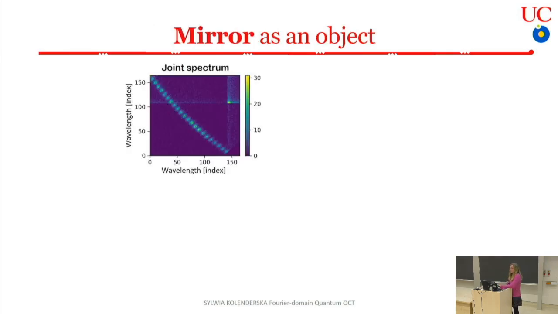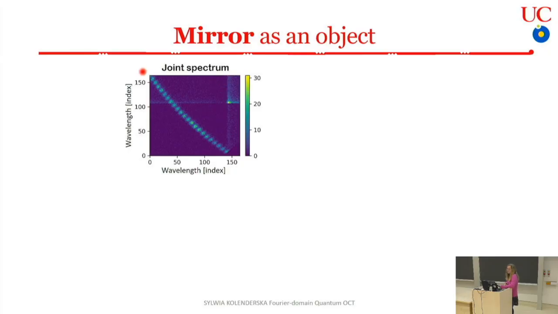Okay, so the experimental data, the detected raw joint spectrum, is far from perfection. First, we can see some noise that is most probably from the pump, but we are not sure yet.